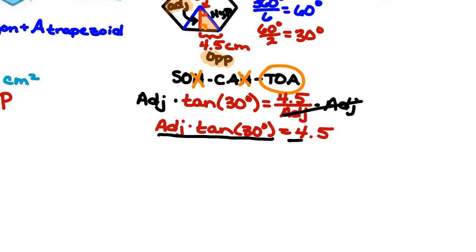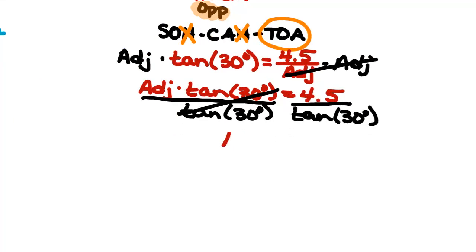And then we divide both sides by the tangent of 30 degrees. And that will give me my adjacent side. We have 4.5 divided by the tangent of 30 degrees.